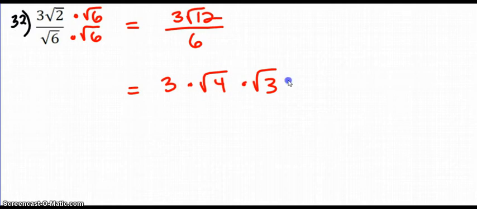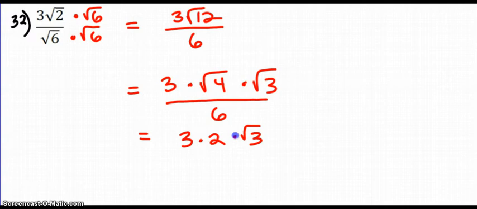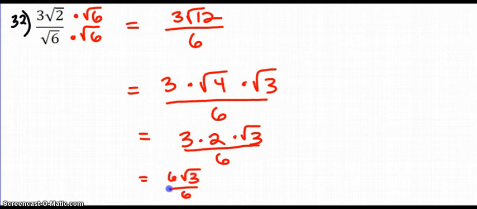Because root 12 will break down into root 4 times root 3. Three times 2 is 6, so I have 6 root 3 on top over 6. Now because I have 6 root 3 on top, all divided by 6, 6 divided by 6 divides evenly into 1. So our final answer is simply root 3.